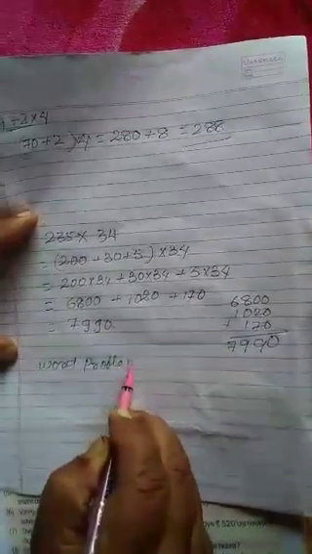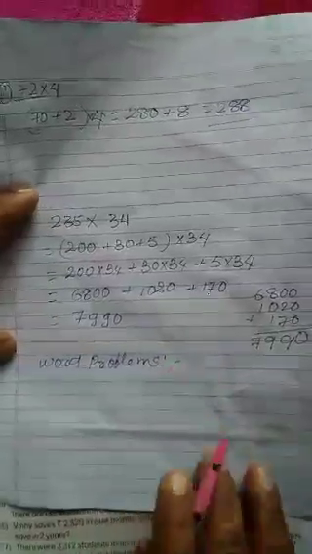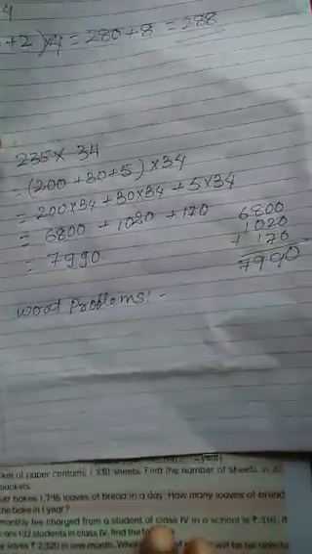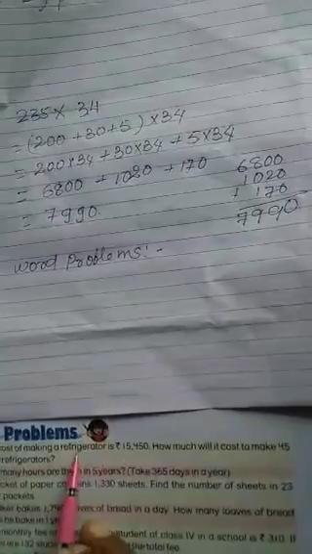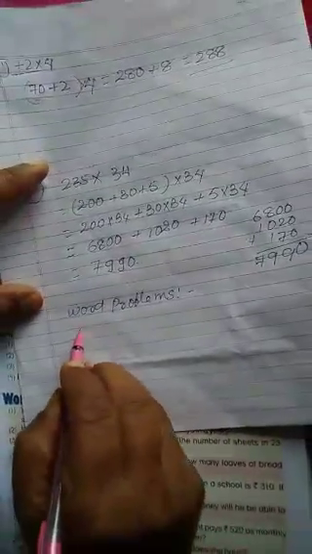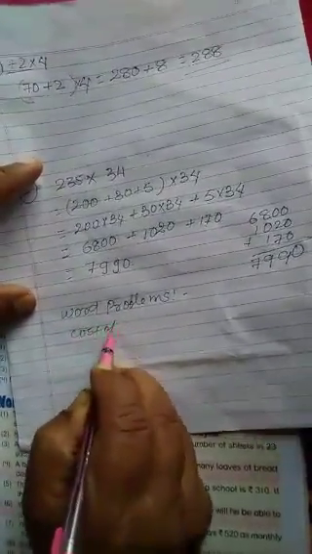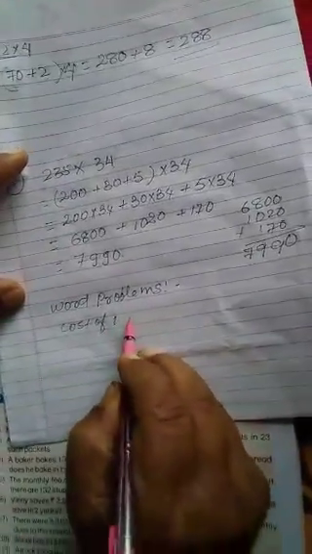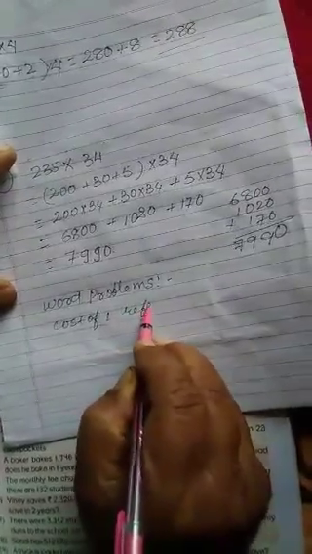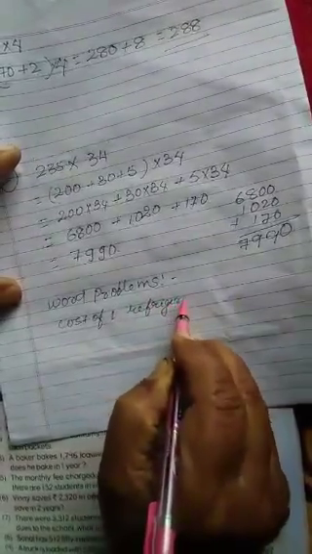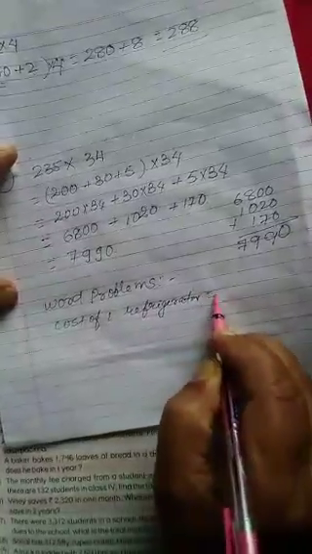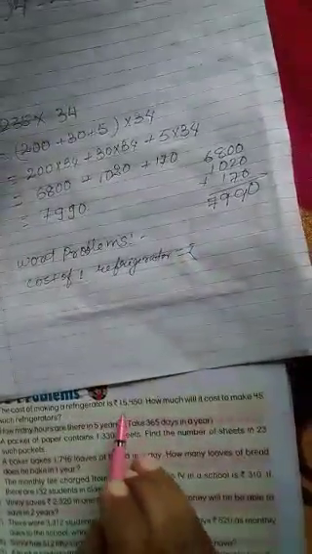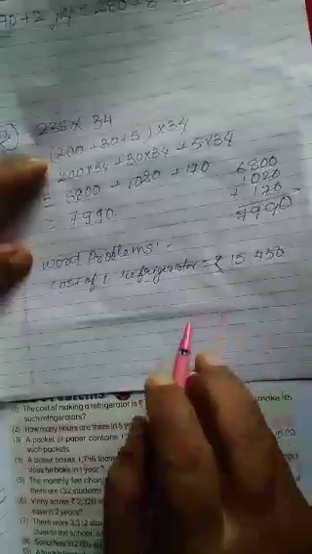Word problems in case of multiplication. So write here cost of one refrigerator. Write like this, cost of one refrigerator equal to how much? According to data, it is given 15,450, euro sign is here. Okay, don't worry.